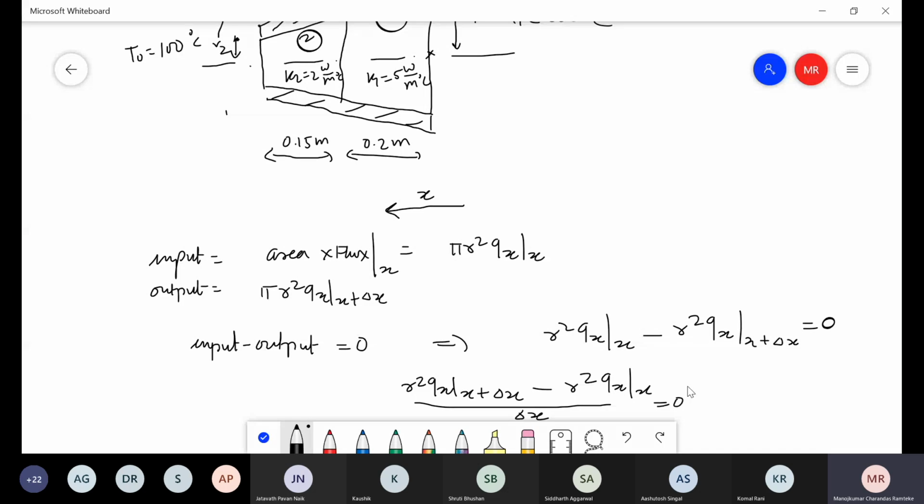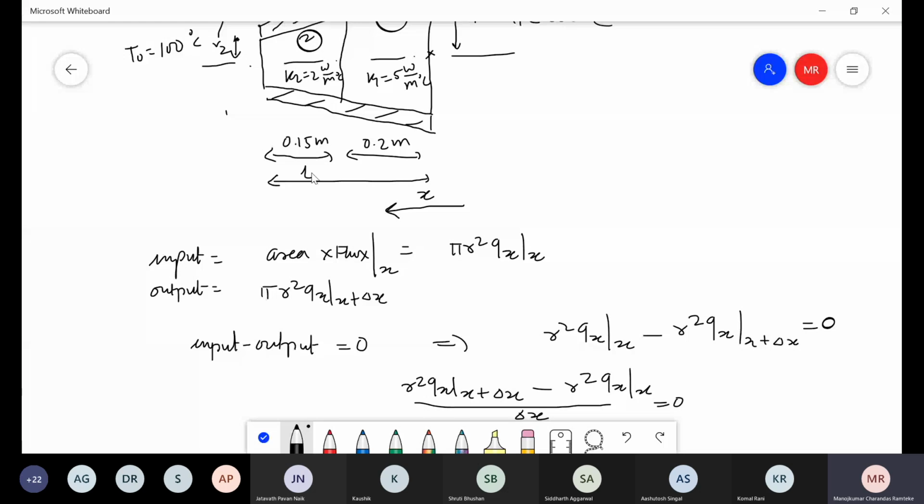Again here you can see I am not getting rid of r square, because r is going to vary as I move from a location x equals 0 to L. Remember, the entire distance is L, but we are moving from right to left.